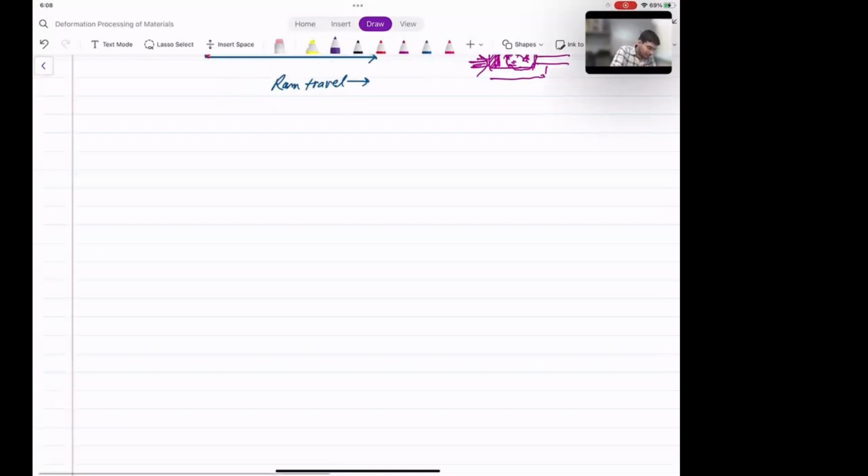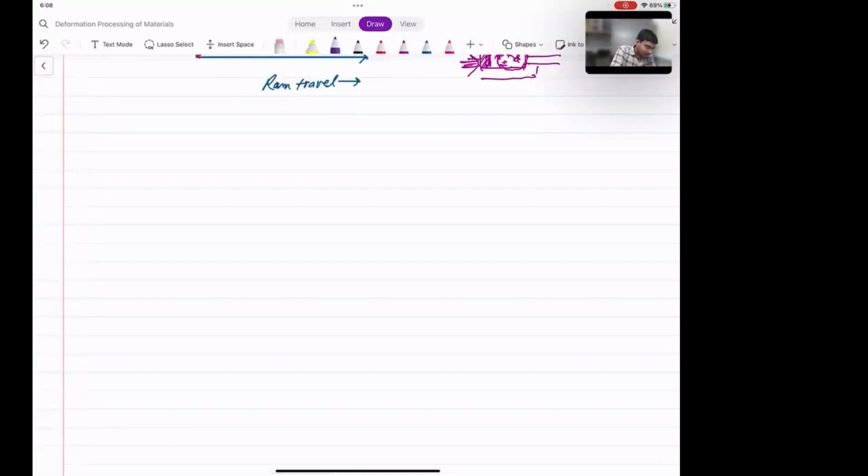In machines, this is an important point which will be valid for almost every case.